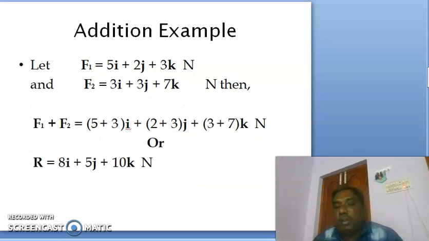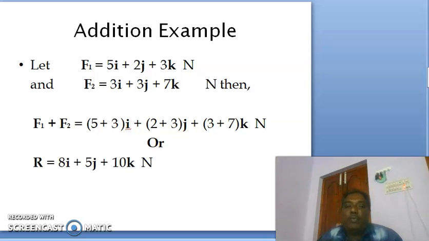So here we have an example. Let F1 vector be 5i plus 2j plus 3k newtons, and F2 vector be equal to 3i plus 3j plus 7k newtons.